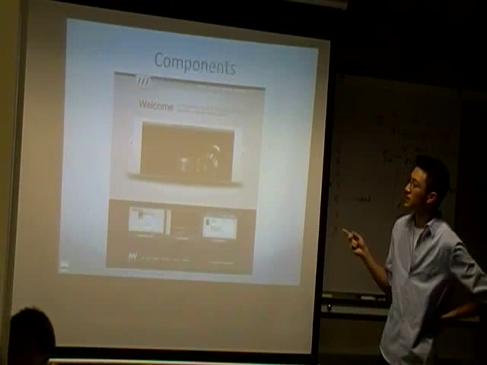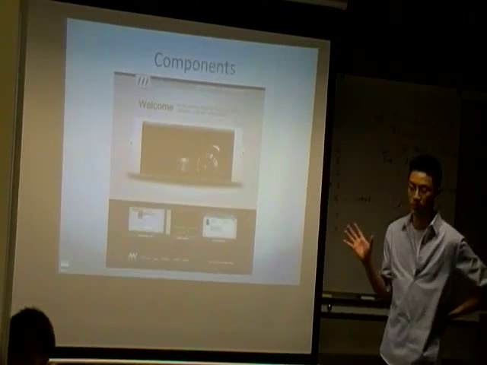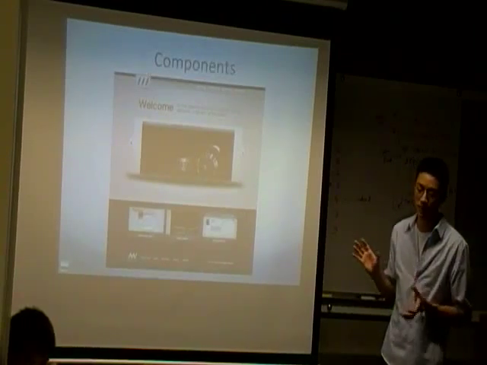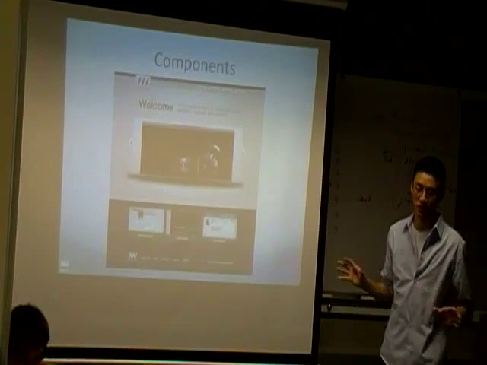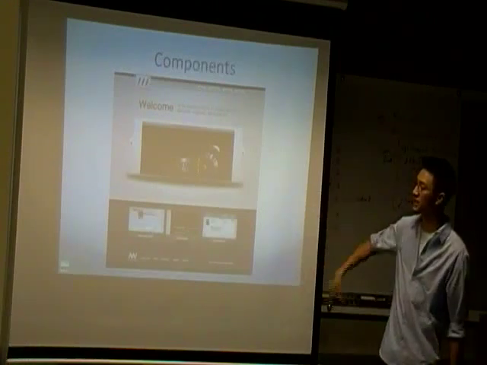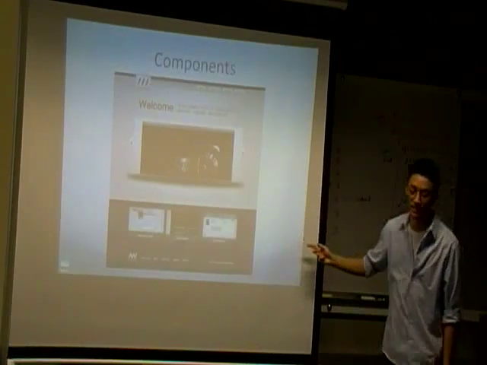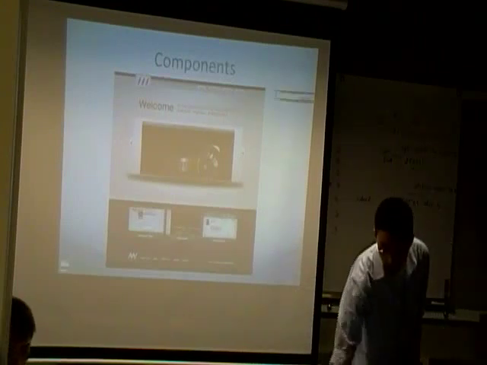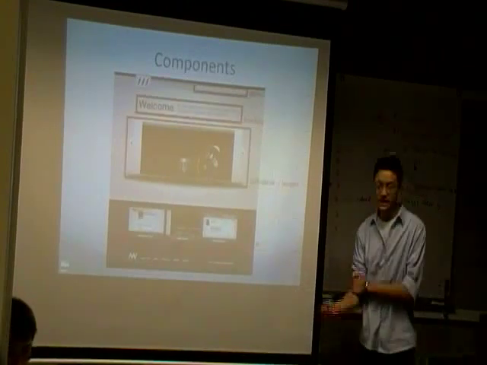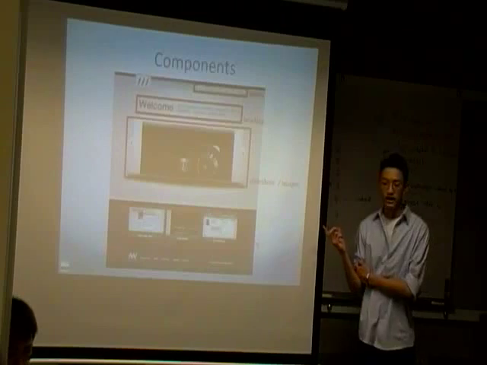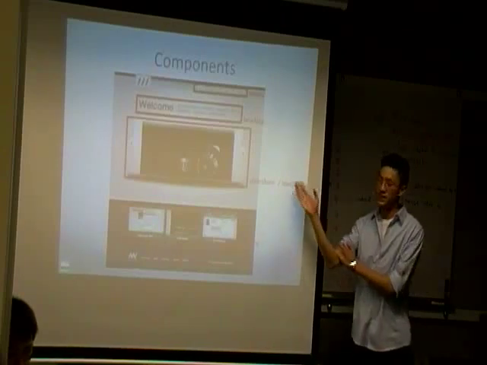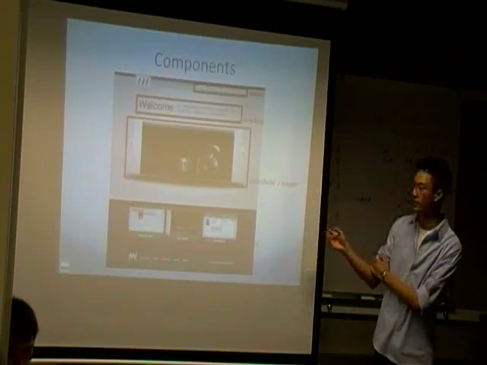Okay, so let's talk about components really quickly. When we said layouts, we're really talking about the arrangement of components. So what kind of components do we normally see on a website like this? You see things like the menu, headers, a slideshow, which is really just a collection of images, and other images.